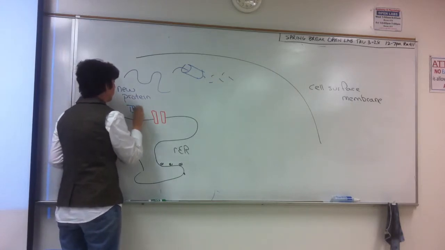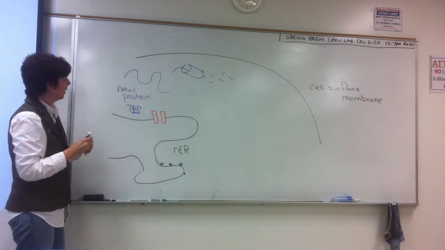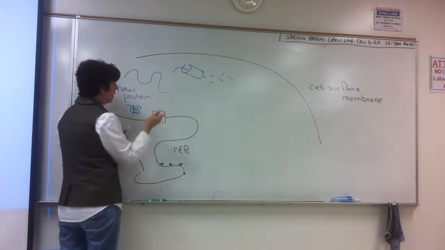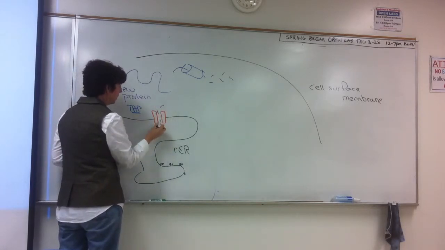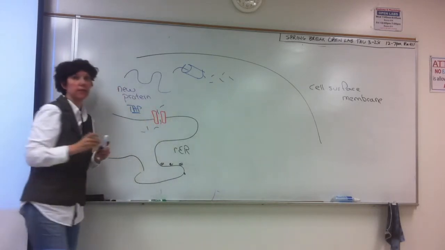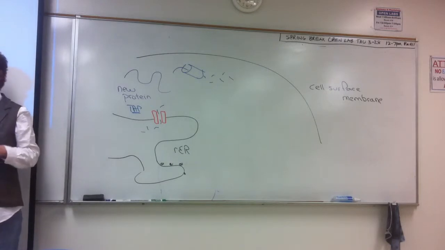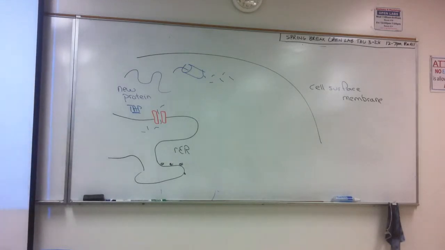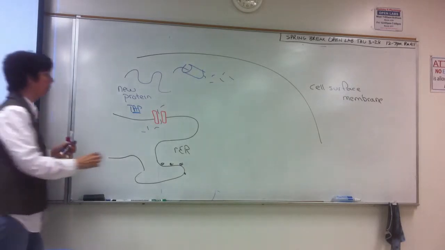I don't remember what the A stands for. And these small peptides then are inserted into the endoplasmic reticulum, where normally they wouldn't, if they're going to be used within the cell. So that's what's happening here. They may or may not get clipped and cleaved into smaller components within the ER.